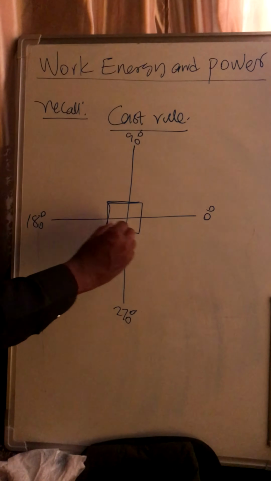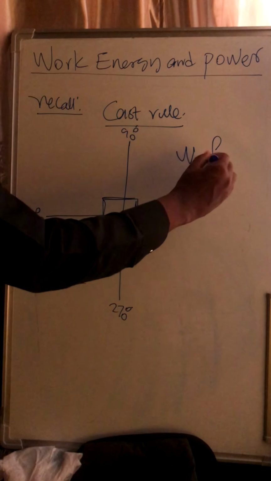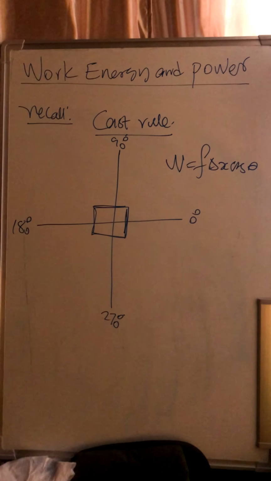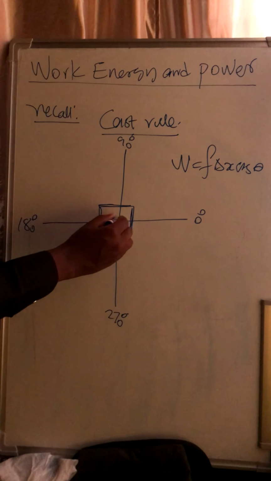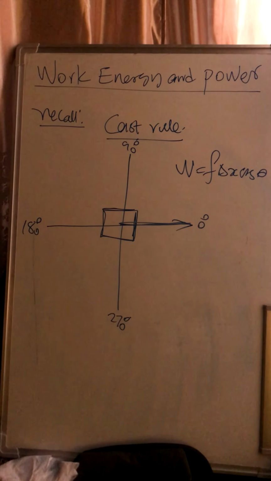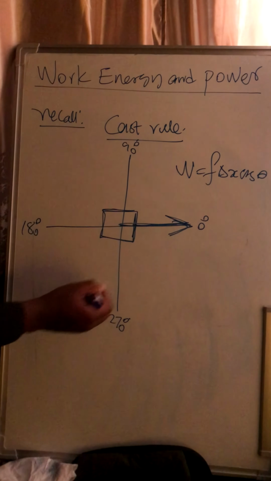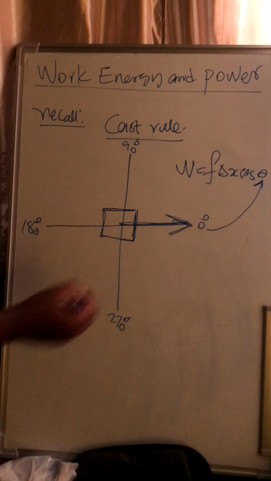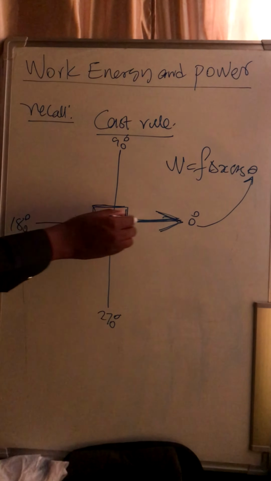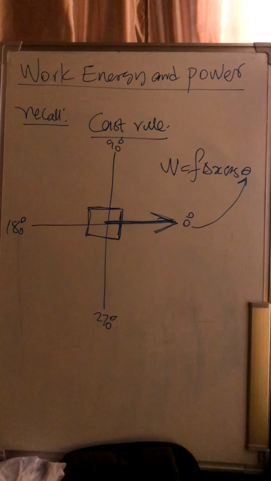This is our block. We want to calculate the work done by a constant force. If this object is going to the right and the force applied is going to the right, then theta will be 0, because the force is applied in the direction of the motion of that object.